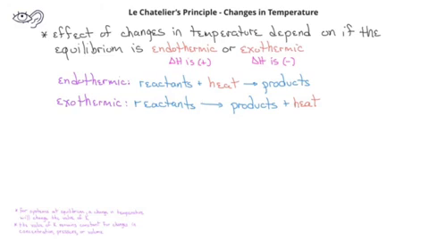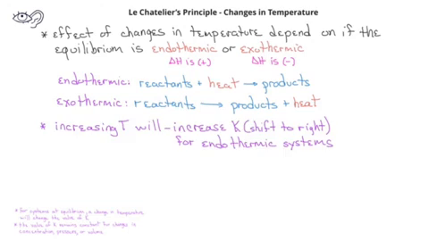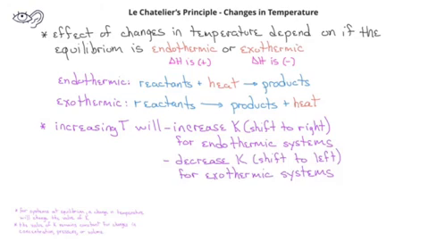Since Le Chatelier's principle says that added products will shift reactions to the left and adding reactants will shift reactions to the right, we see that increasing the temperature will increase the value of the equilibrium constant for endothermic reactions, and increasing the temperature will decrease the value of the equilibrium constant for exothermic reactions.